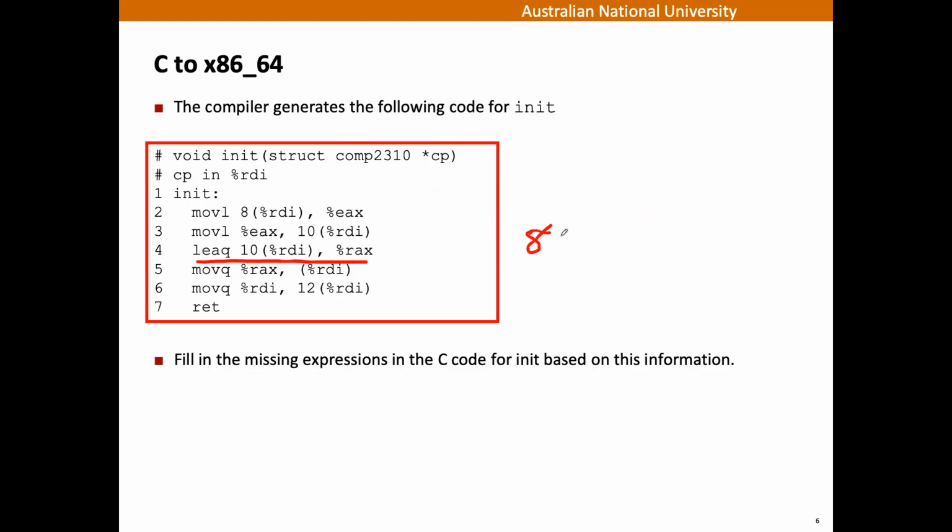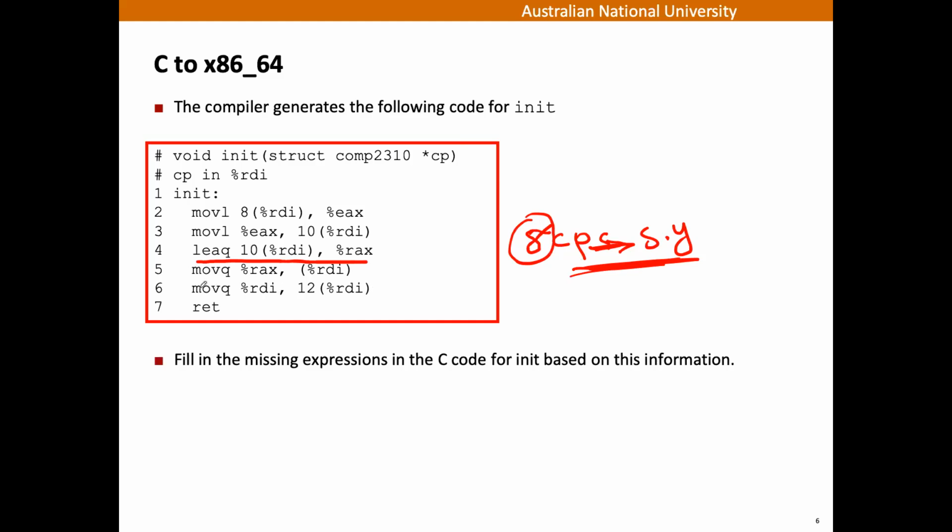CP. It's the address of CP.s.y. So this is the address-of operator. It's loading the address of this field into RAX.